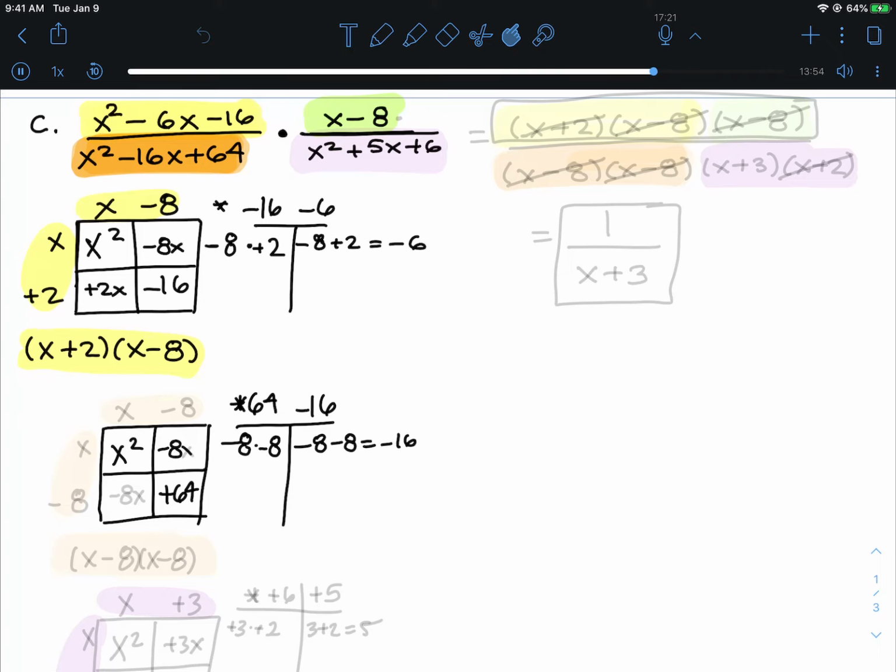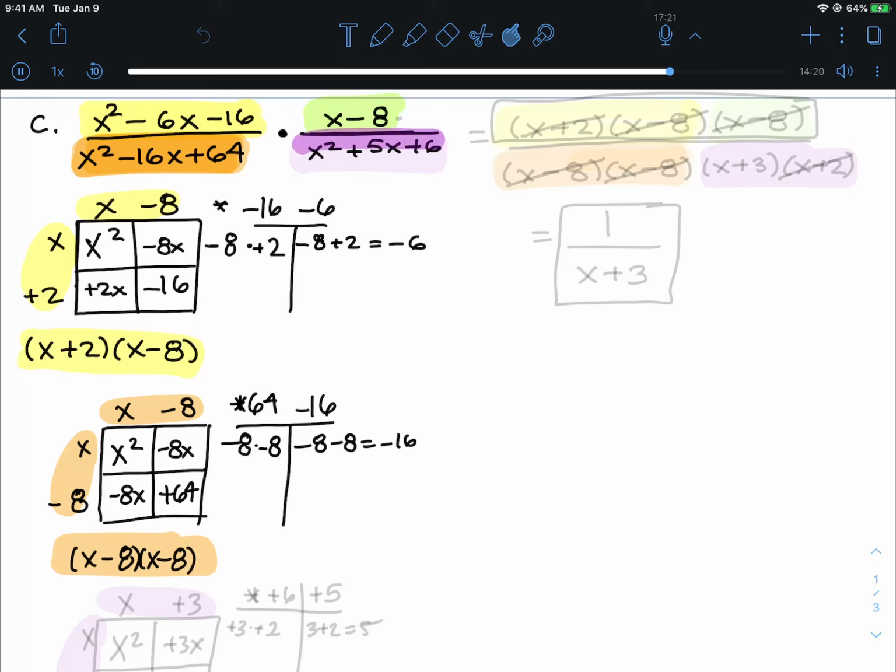So that's negative 8x. Negative 8 times x is negative 8x. Negative 8 times x is negative 8x. So I'm going to end up with these two factors right here. I'll get x minus 8 times x minus 8.